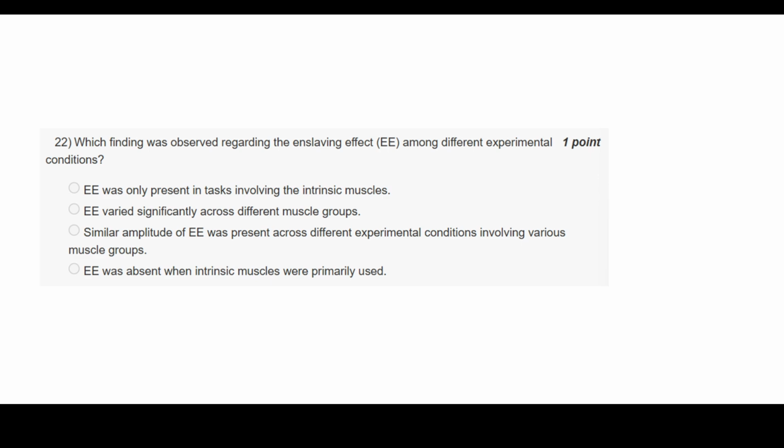Similar amplitude enslavement effect was present across different experimental conditions involving various muscle groups, or enslavement effect was absent when intrinsic muscles were primarily used. The answer is C, similar amplitude of enslavement effect was present across different experimental conditions involving various muscle groups.